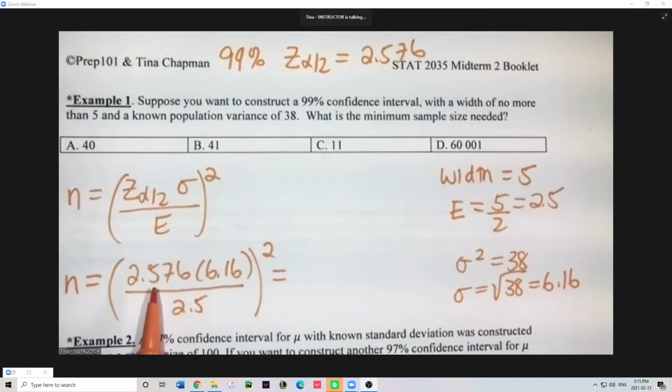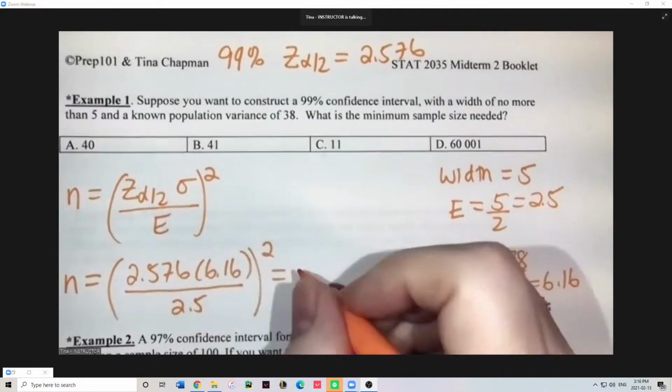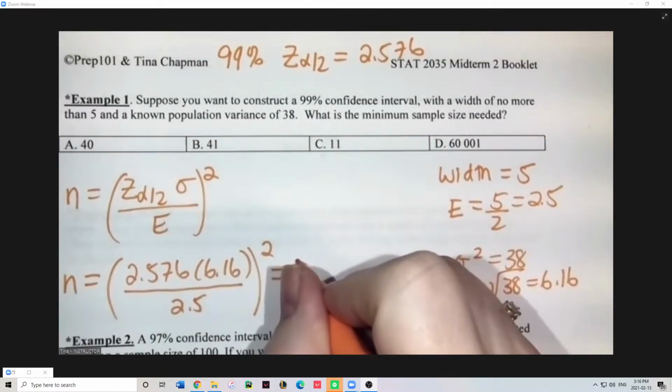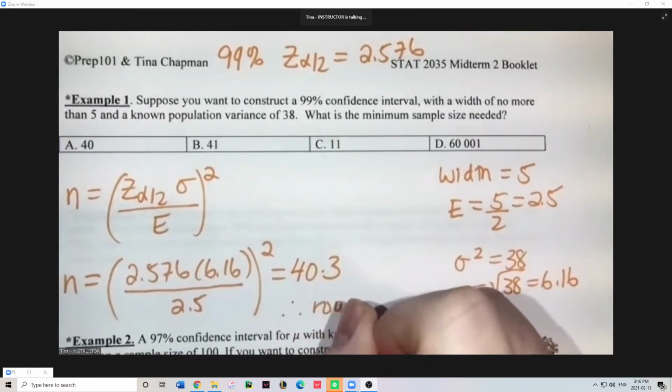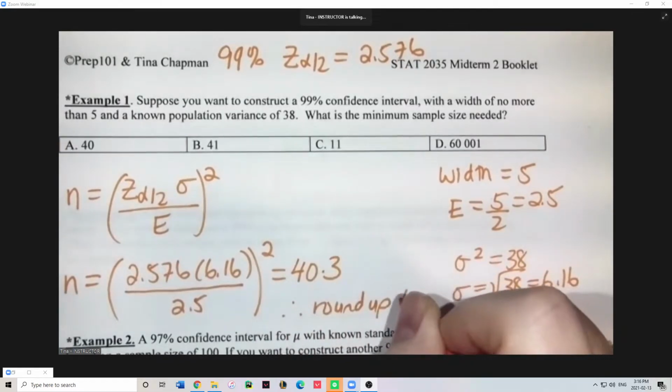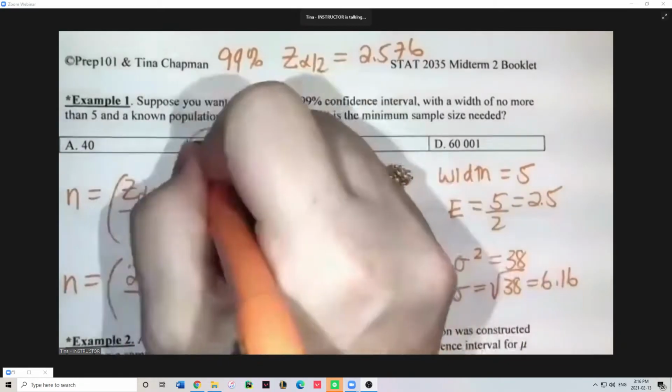To type this in, type in 2.576 times 6.16 equals, divide by 2.5 and then hit the squared button, or the y to the x2 button, whatever you have for squaring. And it should give you 40.3 and therefore round up to 41. So B.